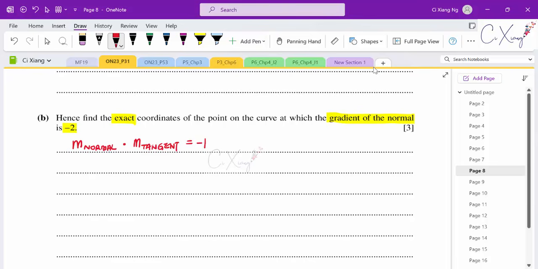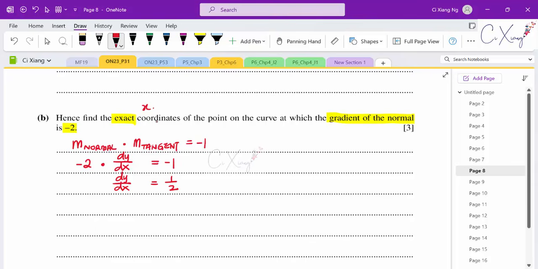So I know that the gradient of the normal is -2. But what is the gradient of the tangent? The gradient of the tangent is the dy/dx from the curve, so from -2 times the tangent gradient equals -1, you get a very useful piece of information: dy/dx equals half. Then if dy/dx equals half, how can you get the coordinate?